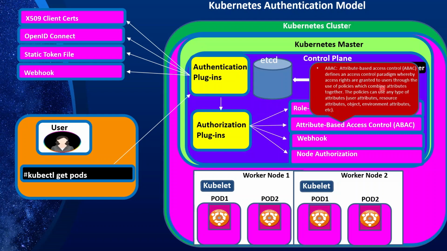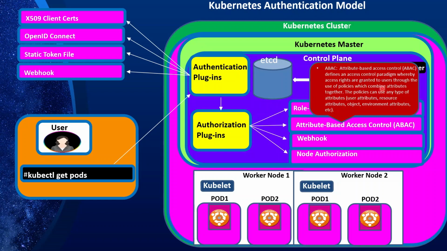The policies can use any type of attributes, such as user attributes, resource attributes, object and environment attributes, etc. This is a more fine-grained authorization than RBAC, but it's a lot more complicated.